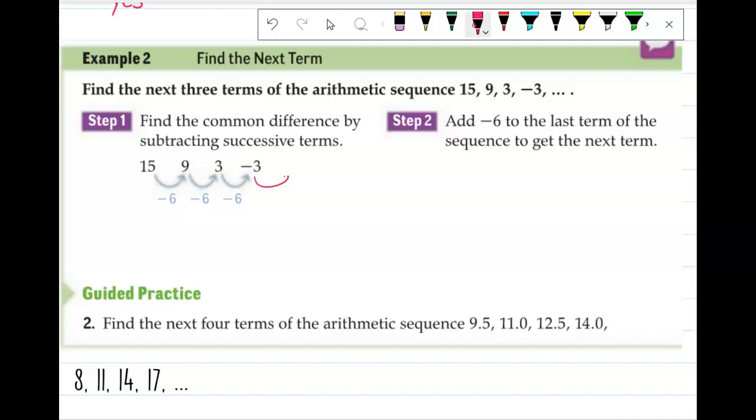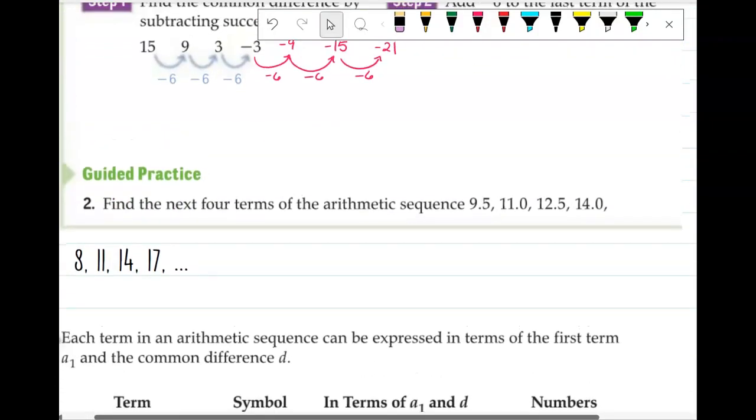So right here, if we continue this pattern of subtract 6, subtract 6, subtract 6, we will find the next 3 terms. So if I have -3, take away 6, I get -9. Take away 6, -15. Take away 6, -21. Similarly, right here, the next 3 terms, going from 9.5 to 11, we add 1.5, add 1.5, add 1.5.